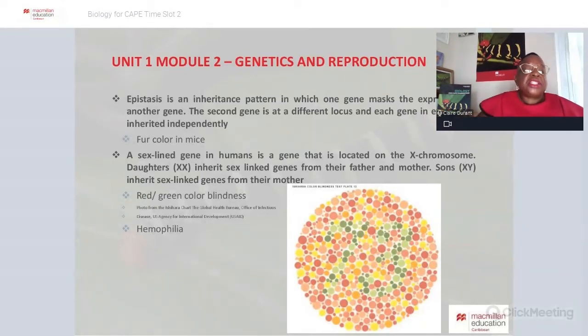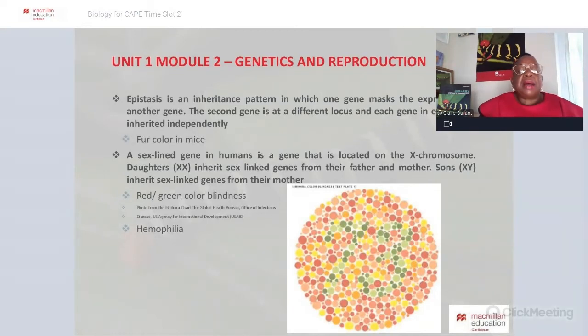And for sex-linked genes in humans, red-green color blindness is an example of a sex-linked gene. And this little chart here that I took from the USAID, if you don't have red-green color blindness, you should be able to see the number 73 written there in that box.